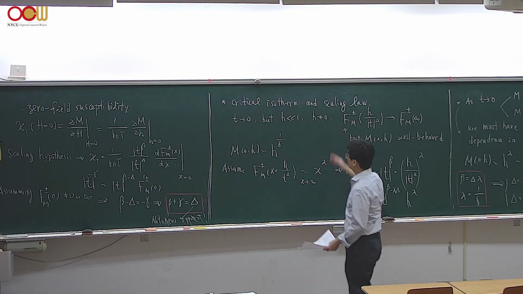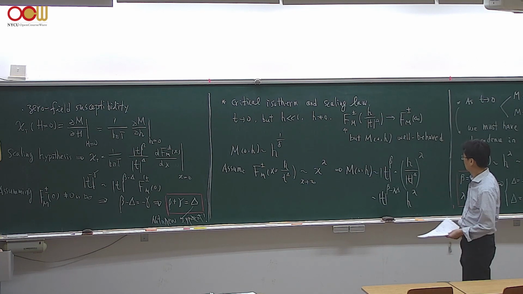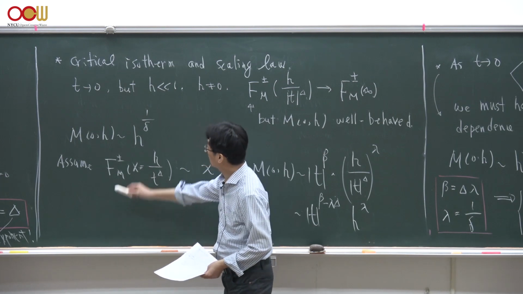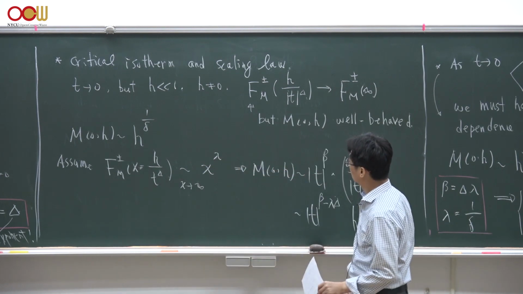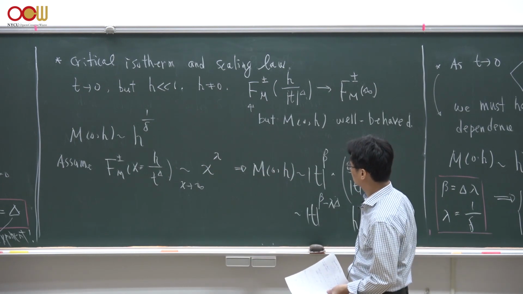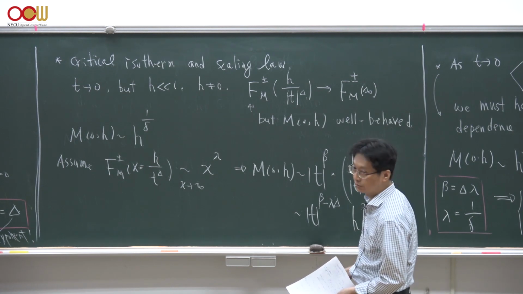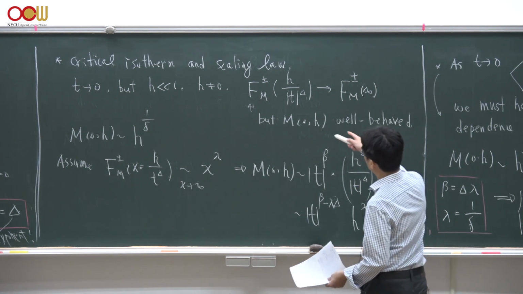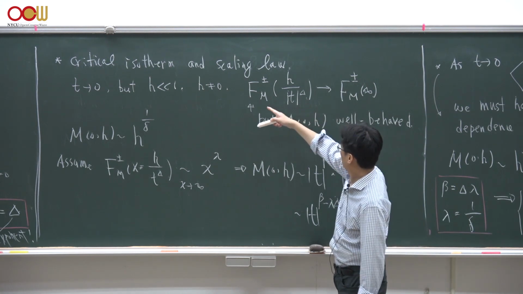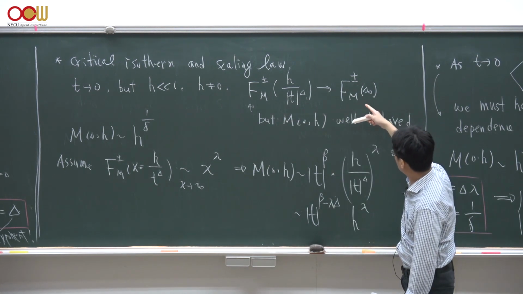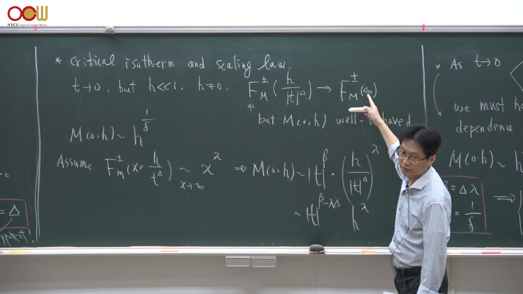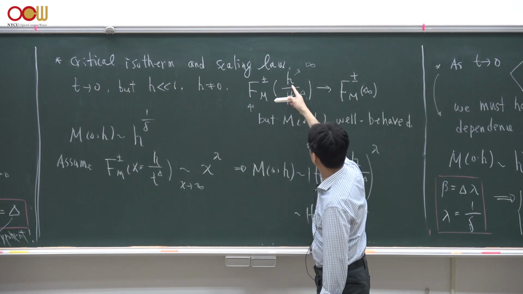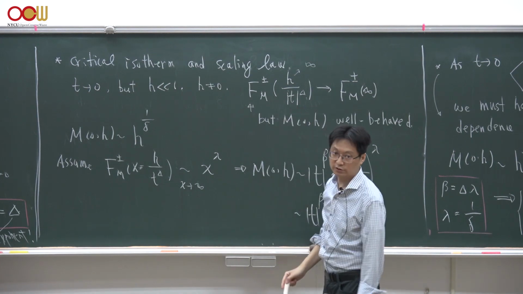So now let's look at another scaling law, which is the scaling relations. We start from the limit when this little t goes to 0, but the field is finite, small but finite. In that limit, you could find that this f function approaches f plus minus infinity, where this argument approaches infinity when the field is small and also the little t is small.